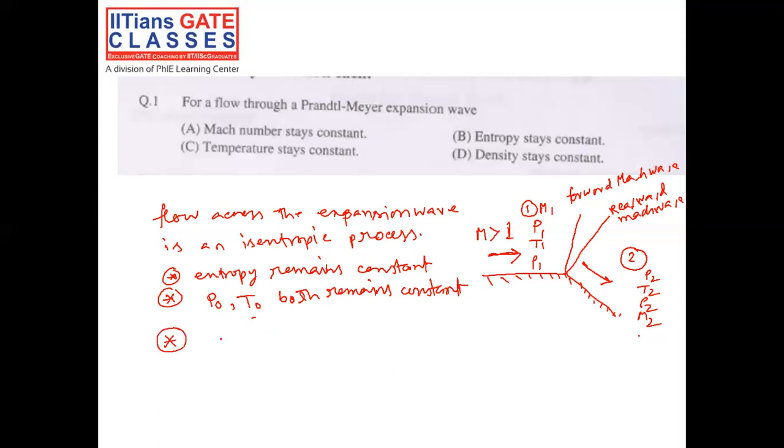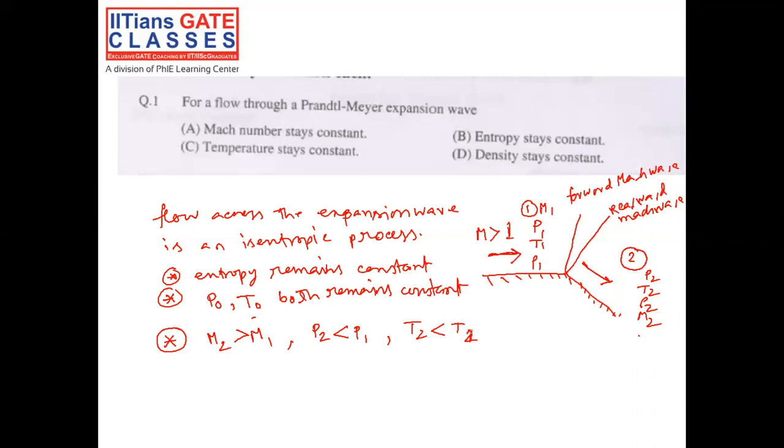For flow across an expansion wave, the Mach number always increases, that is M2 will be greater than M1, and P2, that is the static pressure downstream of the flow, will always be less than P1, and the static temperature downstream of the flow will also be less than the static temperature upstream of the flow.